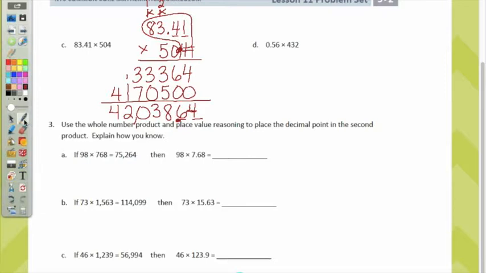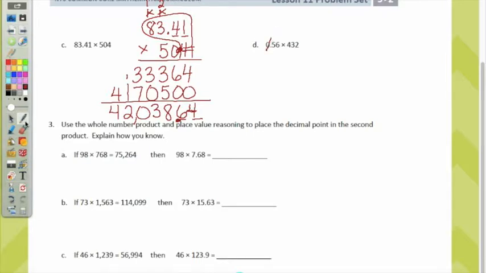So the next one, let's talk about that. Which number should I write on top? 56. That's what we've been doing, haven't we? We've been putting the decimal on top. This time it doesn't make sense though, because I need to have my longest number on top. That's easier to multiply. And do I need to write this 0?